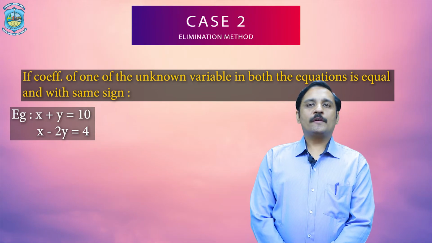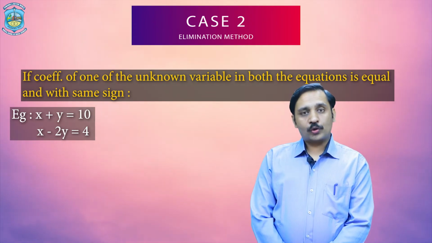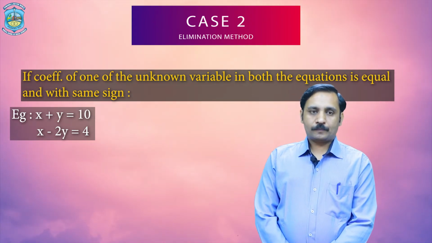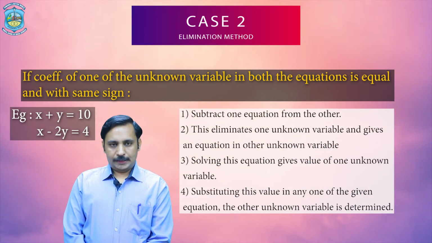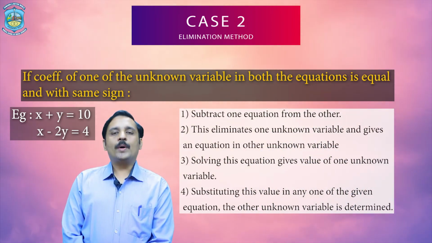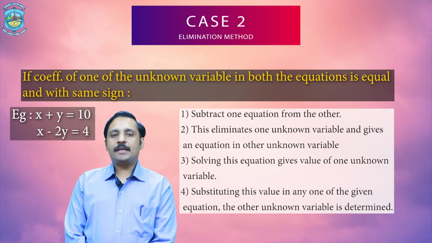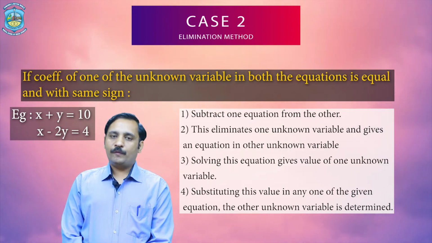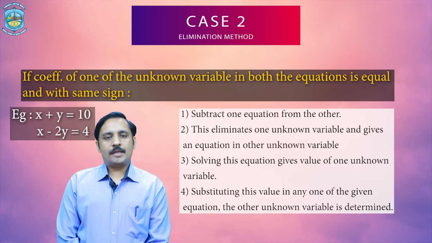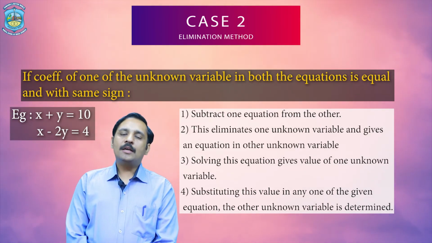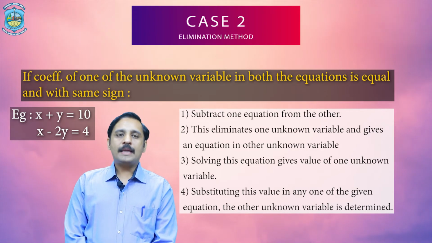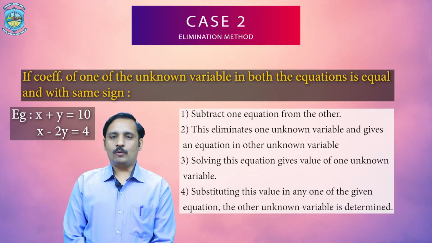Here the coefficient of x is the same and also the sign is the same. In this case, we subtract one equation from the other. This eliminates one unknown variable and gives an equation in the other unknown variable. Solving this equation, we get the value of one unknown variable, and we can put this value in to find the value of the other unknown variable.